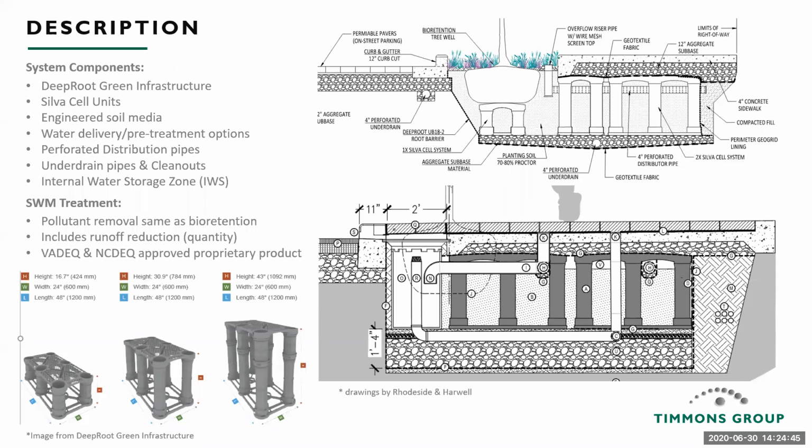The heights come in 3 different heights, range from 16 inches to 36 inches, and the selection of which ones to use is based on the amount of soil volume that you need for a particular tree or the amount of treatment volume you need to satisfy some of your water quality or quantity goals.